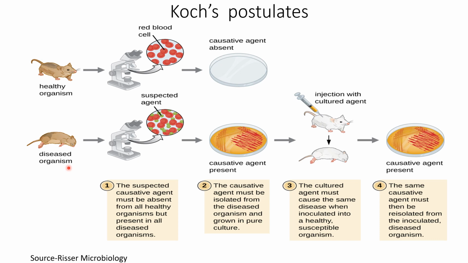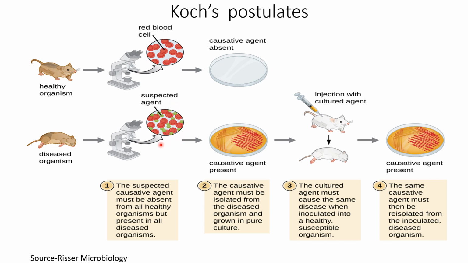So from this dead animal which has suffered from the disease, you should be able to isolate a particular organism, and see to it as you also take a sample from a healthy animal and observe that sample under the microscope, and you should not be able to see that organism in this sample.